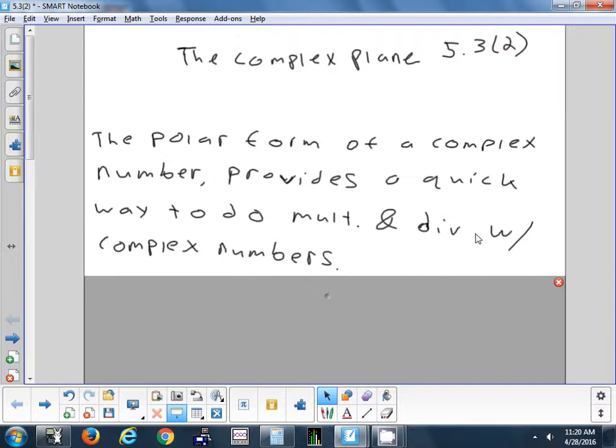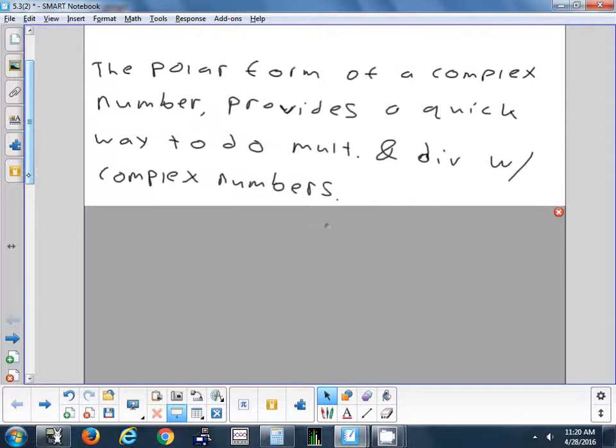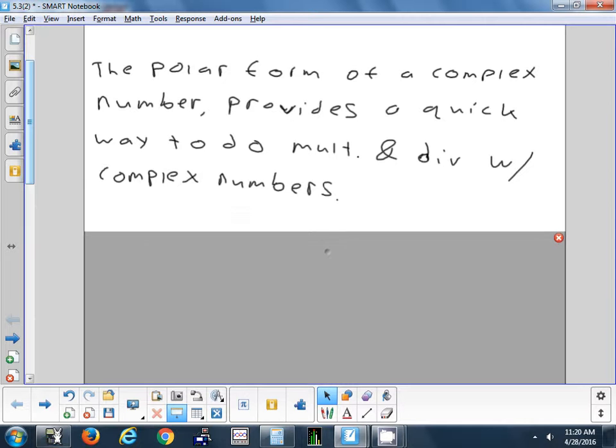Normally, when you divide, you have to find the conjugate and multiply by it on the top and the bottom. That involves foiling things out, combining like terms, changing i-squareds to -1s, separating into 2 fractions, and then reducing those fractions. All of that is going to go away. It's going to be extremely simple to divide or multiply complex numbers in polar.